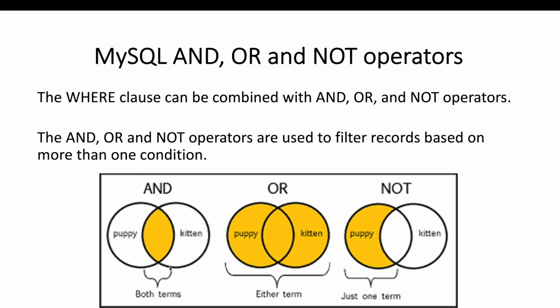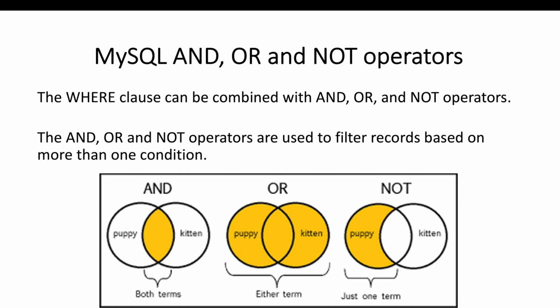That means both the conditions are satisfied. If you have more than two conditions, then all the conditions should be satisfied for the AND operator. And in case of the OR operator, either of the conditions should be satisfied. That means condition 1 or condition 2 or condition 3 should be satisfied. And in case of NOT, the data will be filtered if the condition is not true.